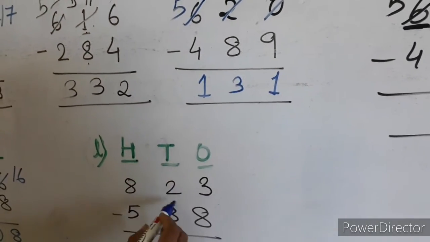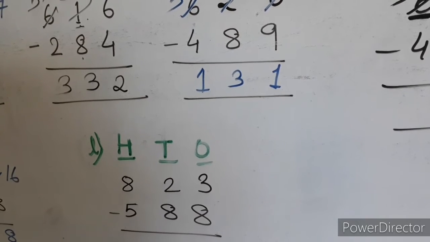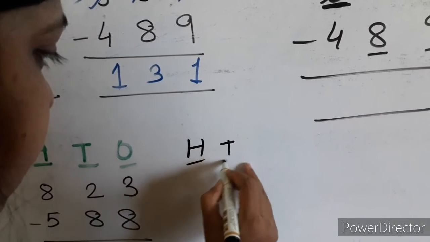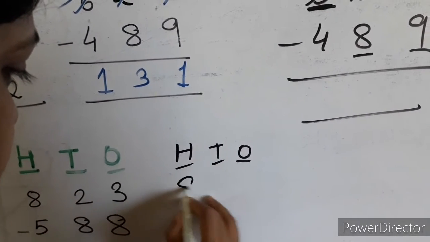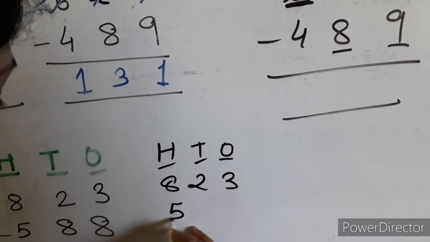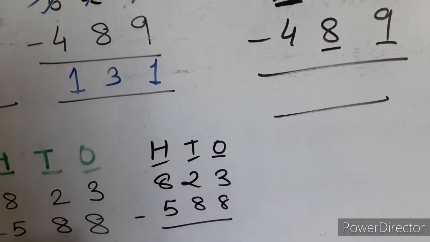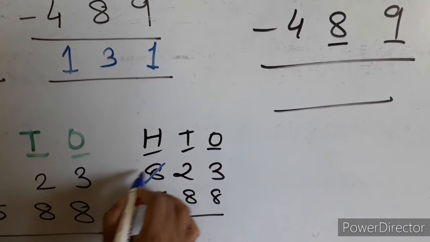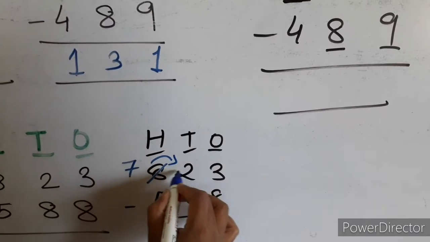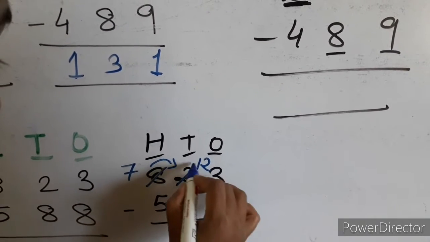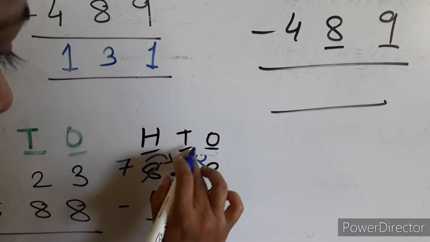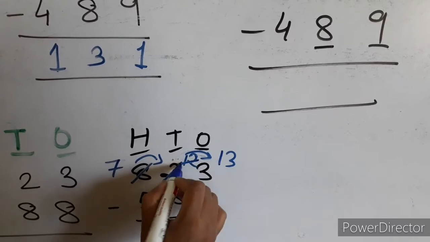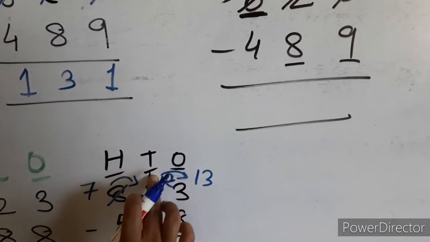Then this one again we will do the same thing. 100s, tens, ones, 588. This one first, it will be cut here and goes here, then it will be 12, and when this number goes to here it will be 13, and this 12 will be 11.